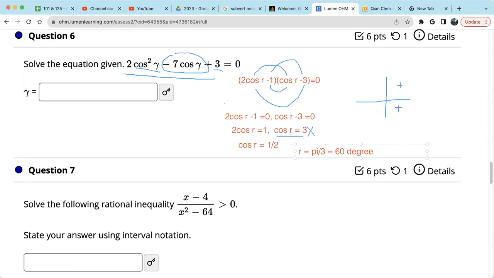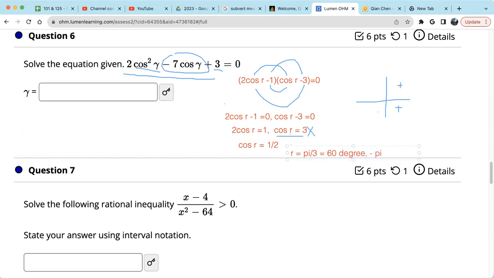Pi over 3 is in the unit of radians, or 60 degrees, because cosine 60 degrees or cosine pi over 3 is a half in the first quadrant. And the second solution is in the 4th quadrant, which is negative.